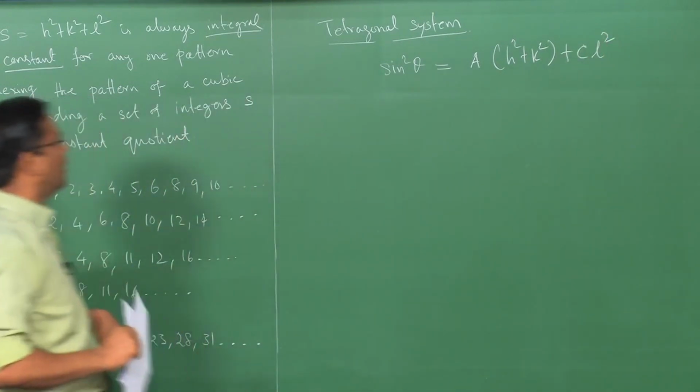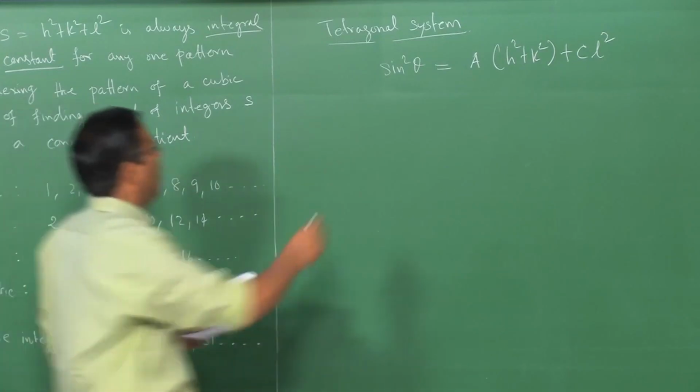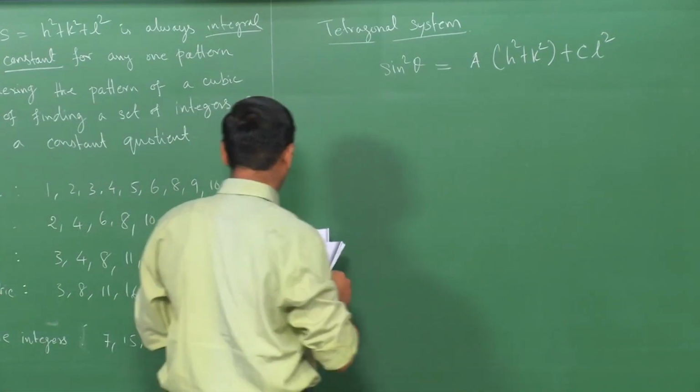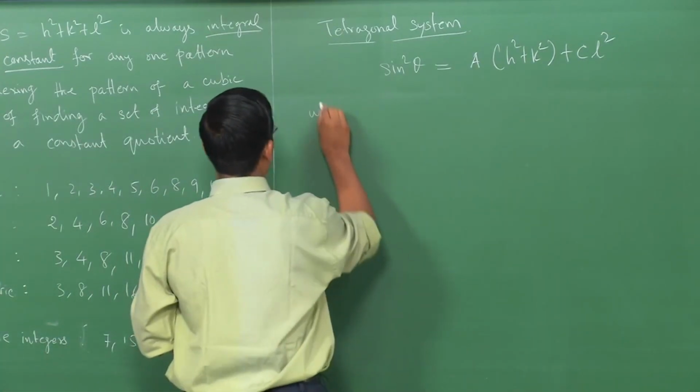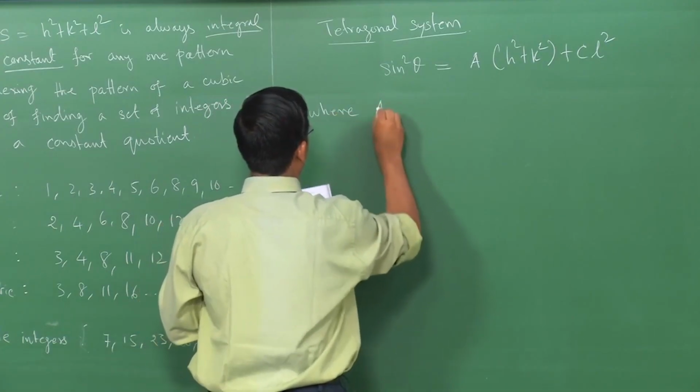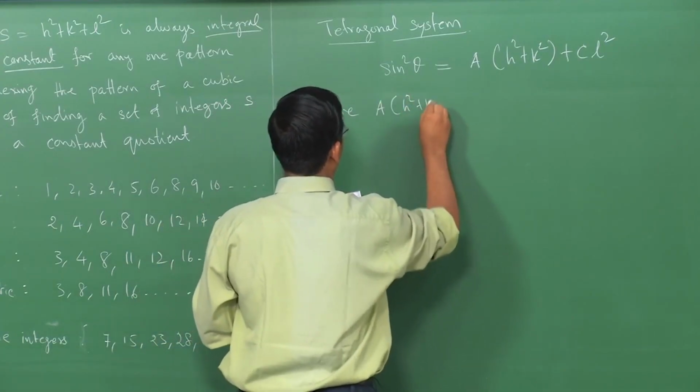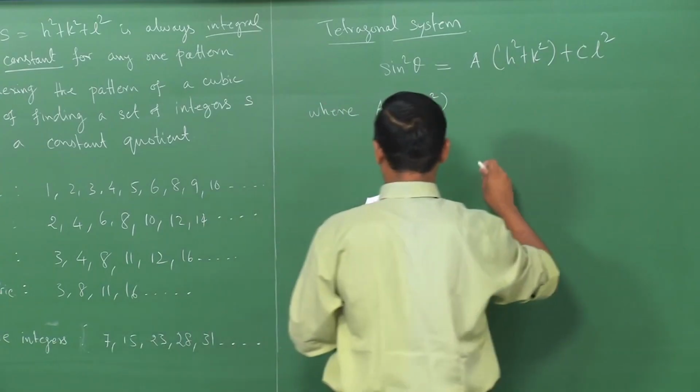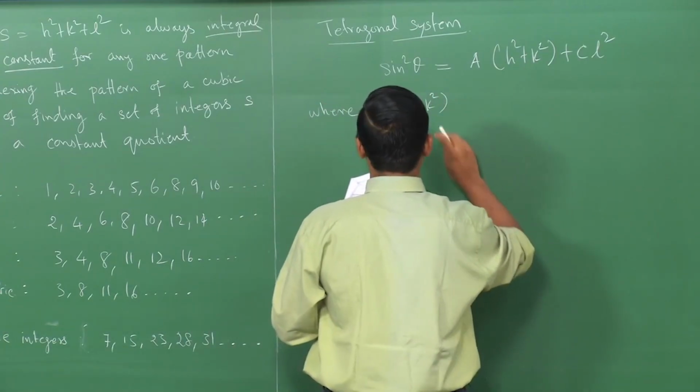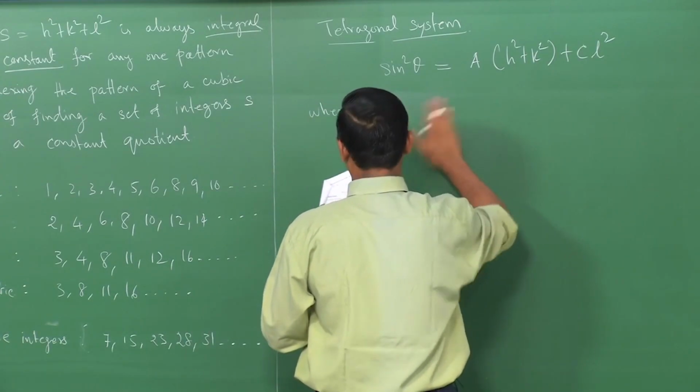This is a relation for a tetragonal system. We will see how this is going to help us, where let's say this.